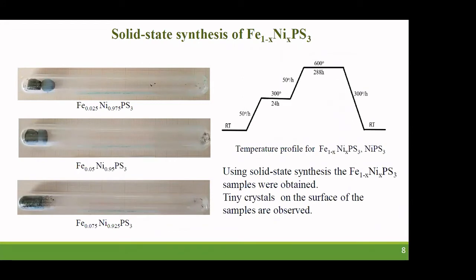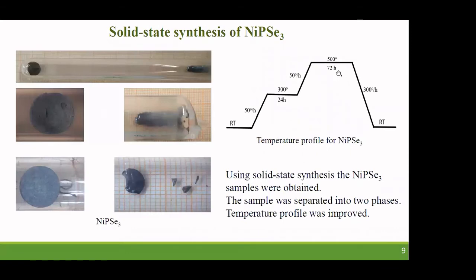And for the samples, we used the temperature profile shown here. Here you can see the samples we got after solid state synthesis, it was nickel, phosphorus, selenium. And for this sample, we used the same temperature profile as for iron, nickel, phosphorus, sulfur.